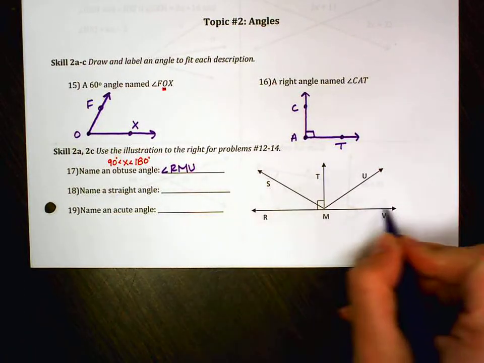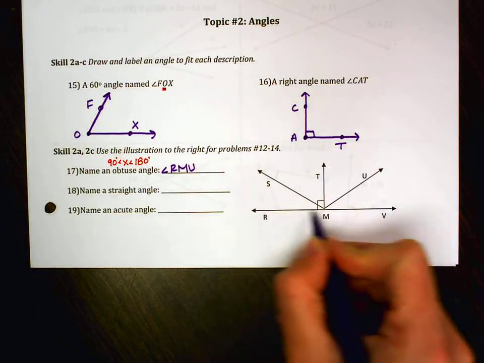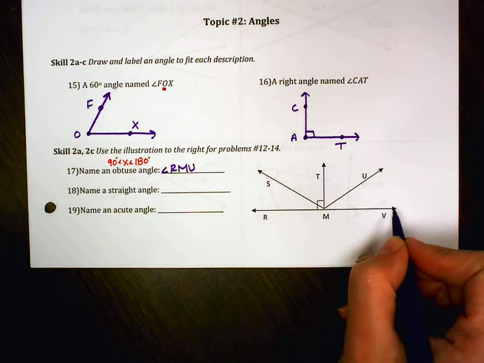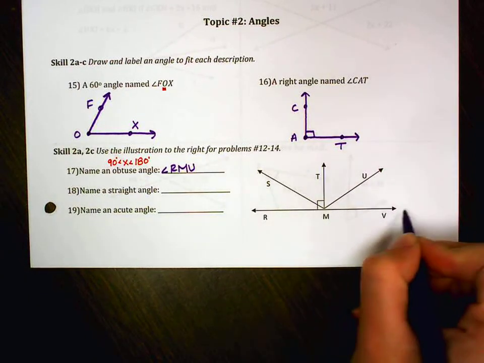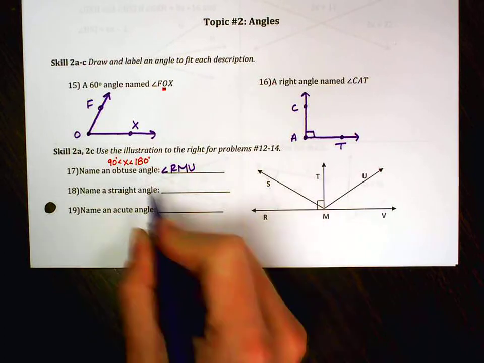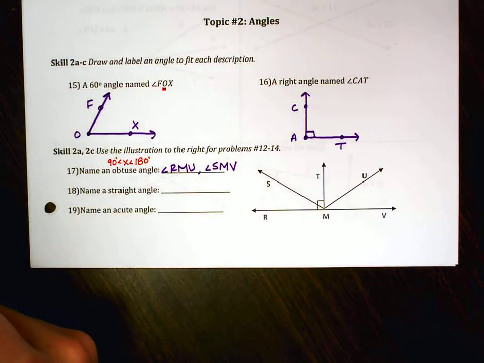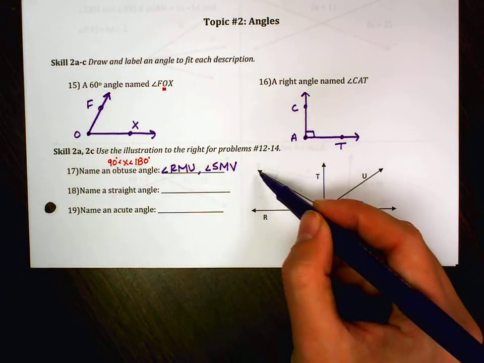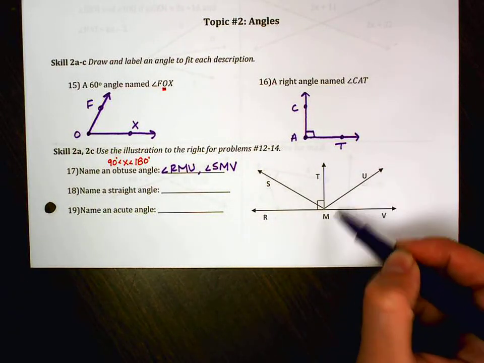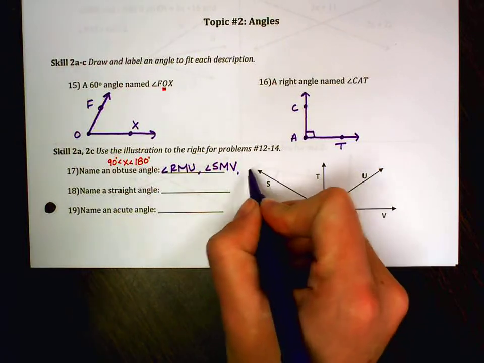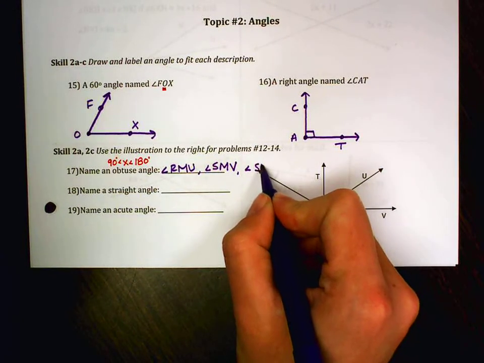Can't do this big straight one. This is called a straight angle, not an obtuse angle. It's 180 degrees. We could go backwards. If that's a 90-degree angle, then this is going to be bigger than 90 degrees. So SMV. Okay. Now, we can't tell for sure if SMU is obtuse, but based on this picture, I think it probably is. So if you wanted to add that one on, you could too.